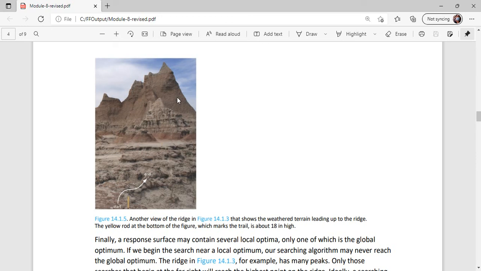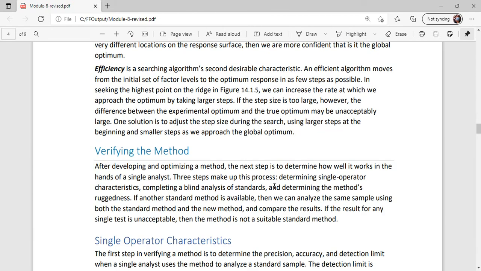For example, if you start here, it might make you circle around and climb another mountain and then descend again. Okay, it would give you an efficient way to reach your global optimum. So that is your efficiency. It lessens your steps and the time needed to reach your global optimum.